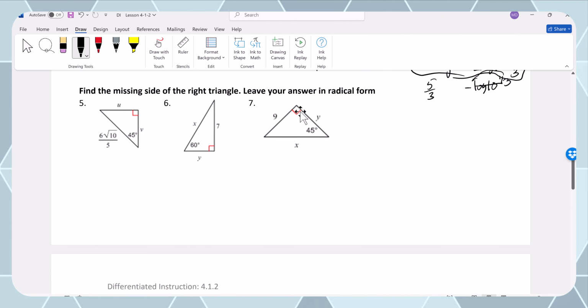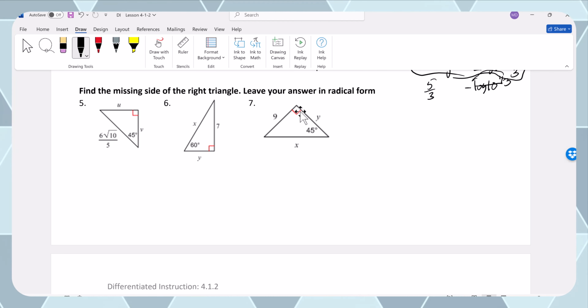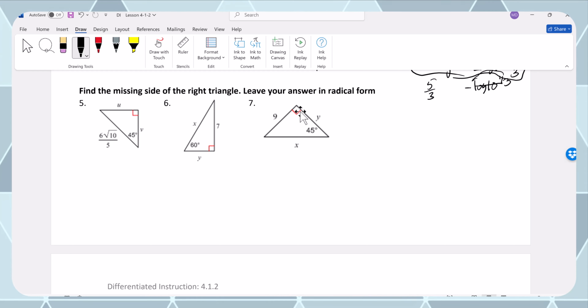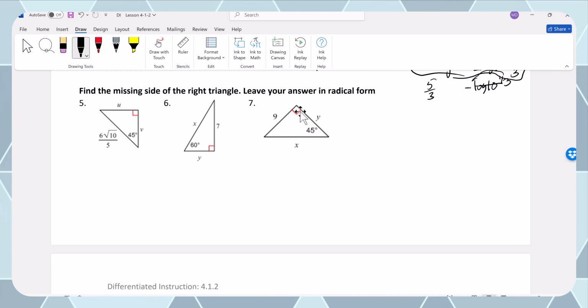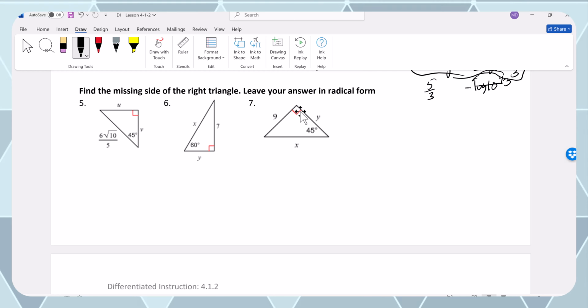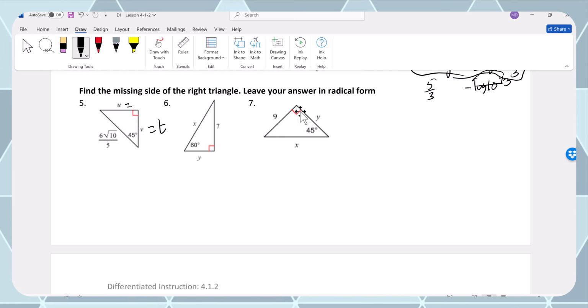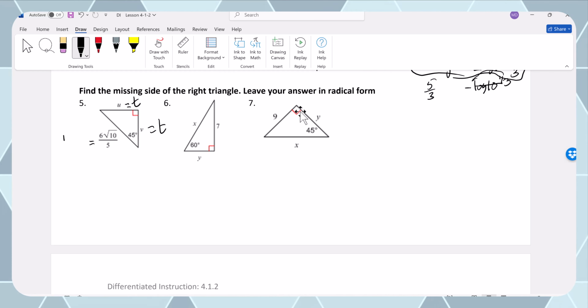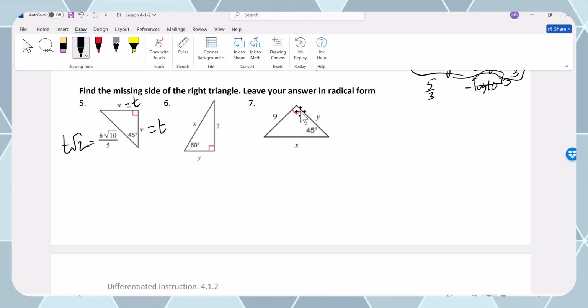So again, to find the missing side of this right triangle, this is the 45, 45, 90 triangle. Again, you can skip it if you don't remember how to do it. If you do remember how to do it, it's good practice. So the ratio is t, t, t root 2 on 45, 45, 90 triangles.